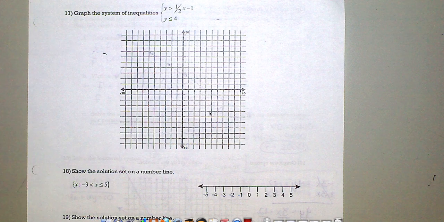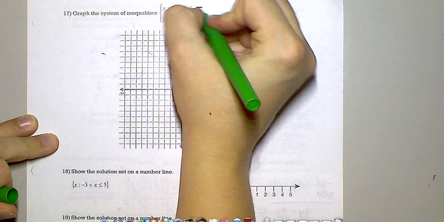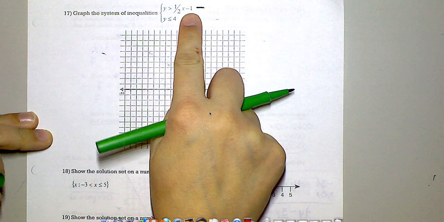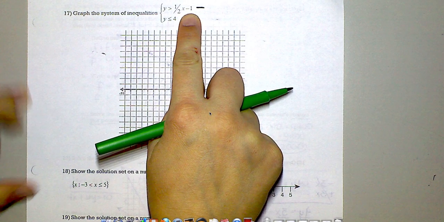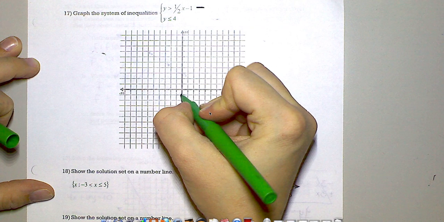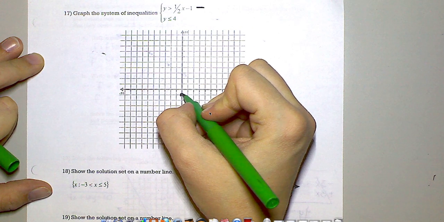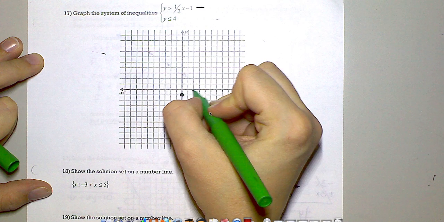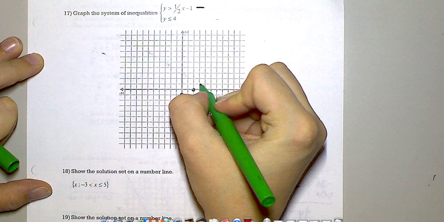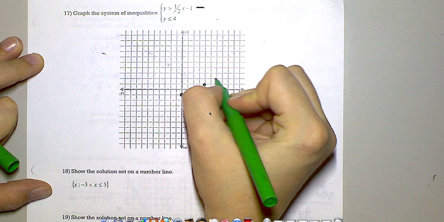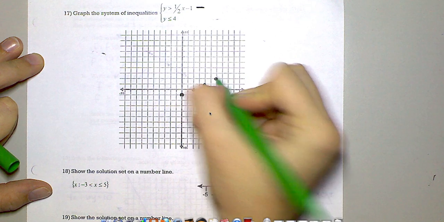So for this first one, I'm going to do this one in green. I would start at my y-intercept, which is -1. And then my slope is 1/2, which means I'm going to go up 1 and over 2. Let's do that a couple of times.